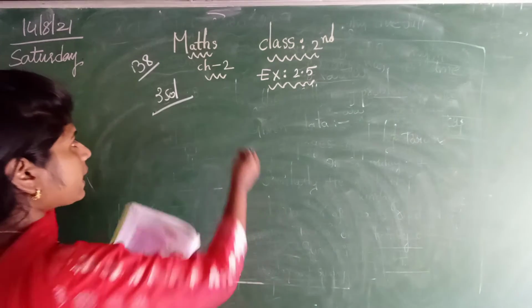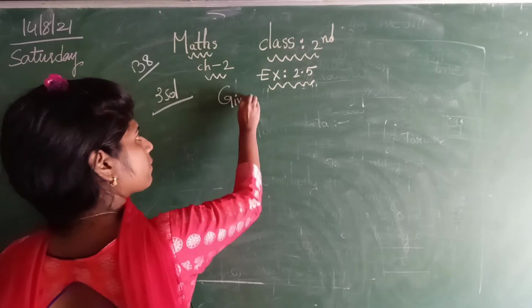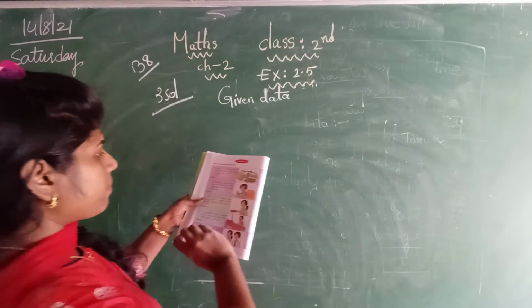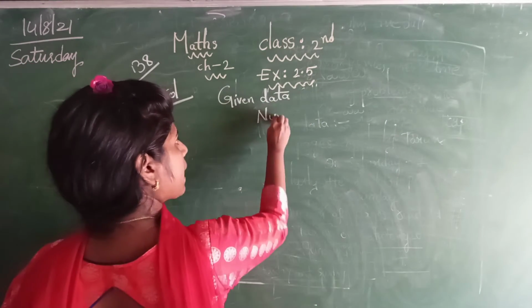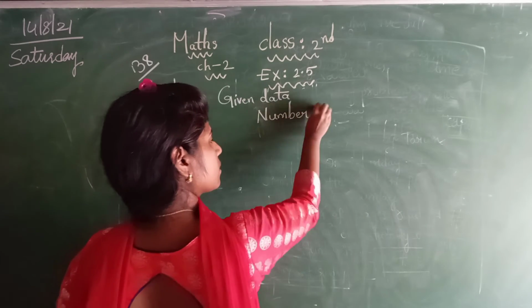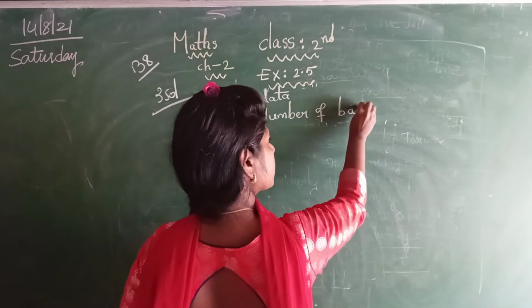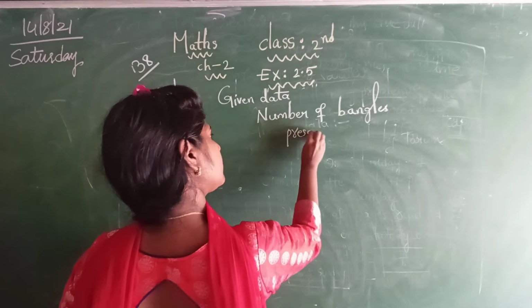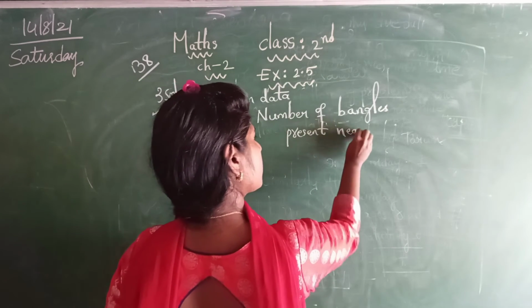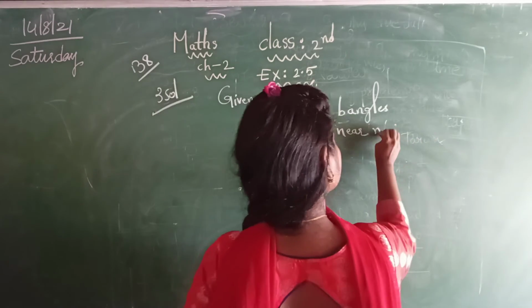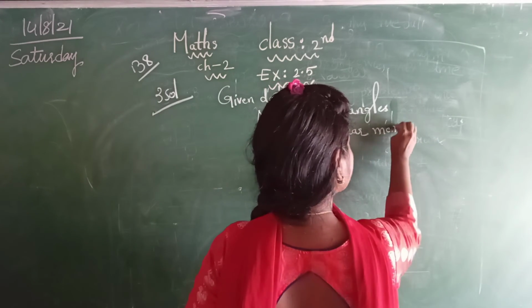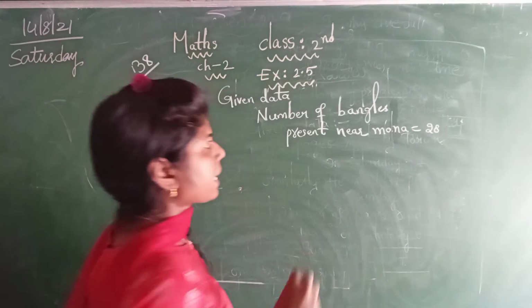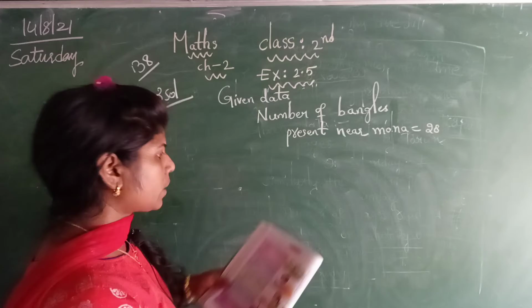Okay, given data: number of bangles present near Mona is equal to 28.